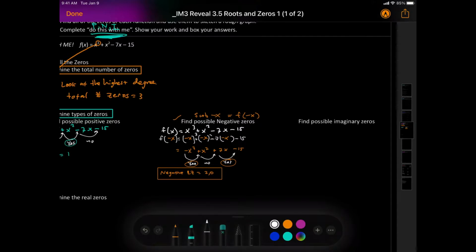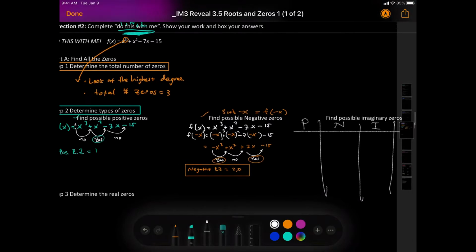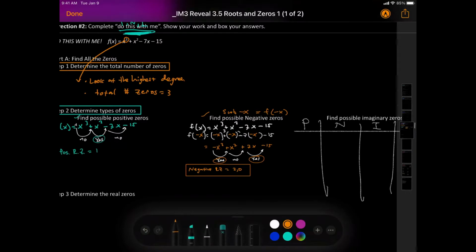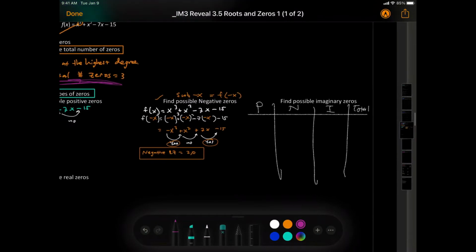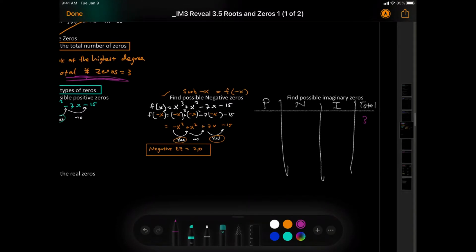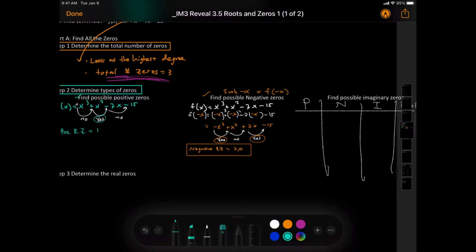And we're going to do that by making a chart: positive, negative, imaginary, and total. So remember, our total number is 3. Our positives are from here.